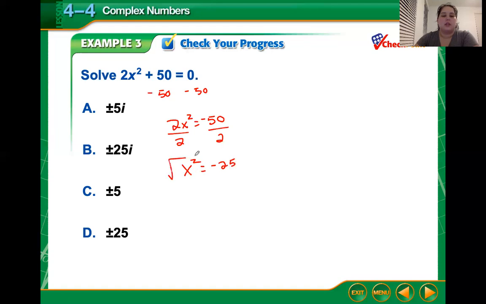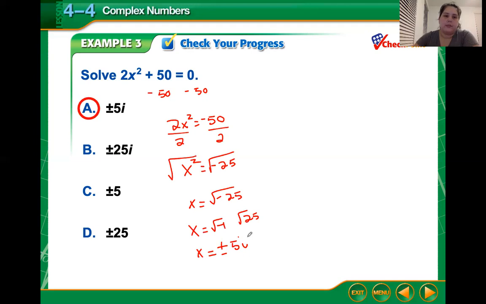We're then going to take the square root of both sides to get x equals the square root of -25, which we can simplify to the square root of -1 and the square root of 25. And this gets us plus or minus 5i. So our answer is A.